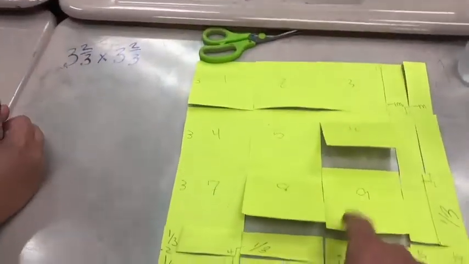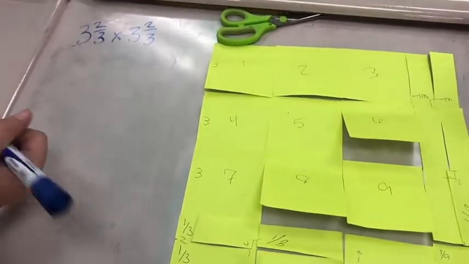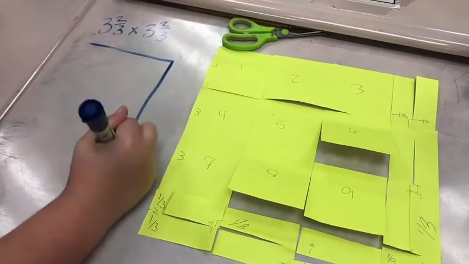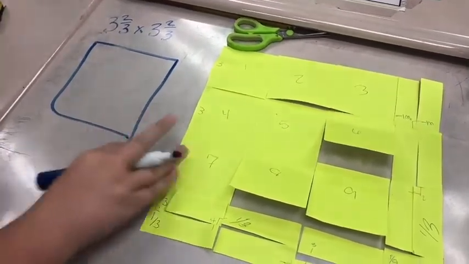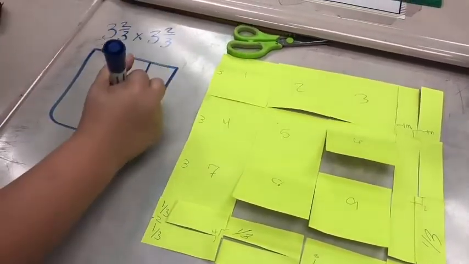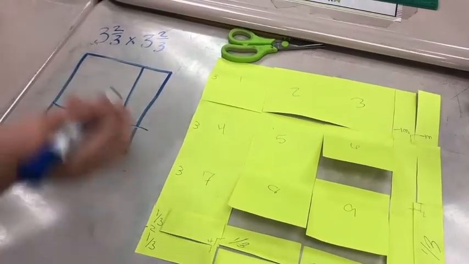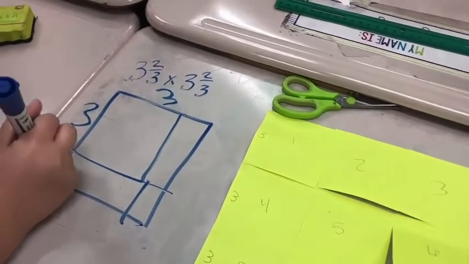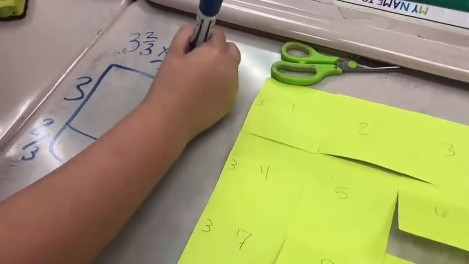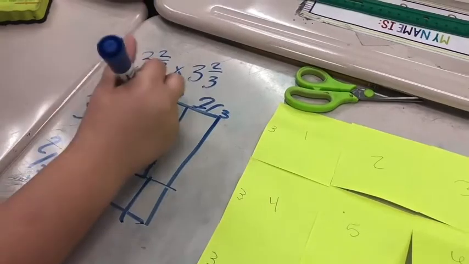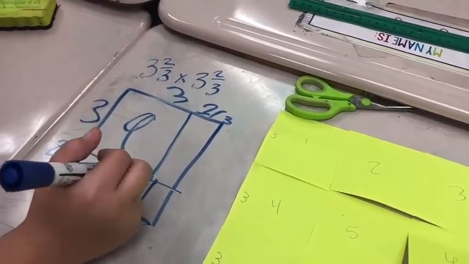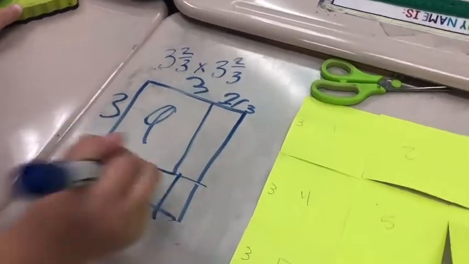All right, so you've just created this area model. How can you draw an area model to represent what you've just done here for multiplying 3 2/3 times 3 2/3? Okay, so I would have 3, I would have 2 thirds, and 3 times 3 equals 9, 2 thirds times 3 equals 2.